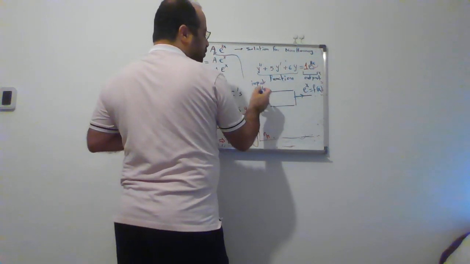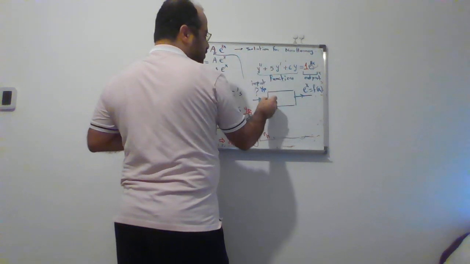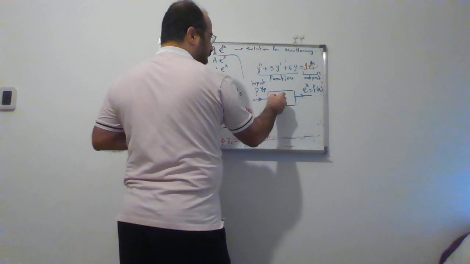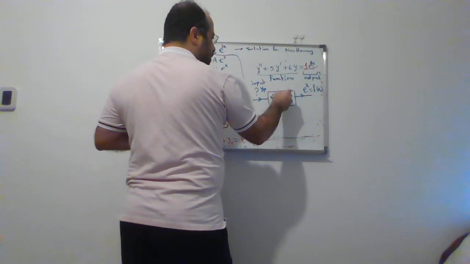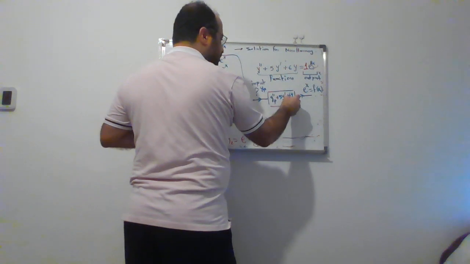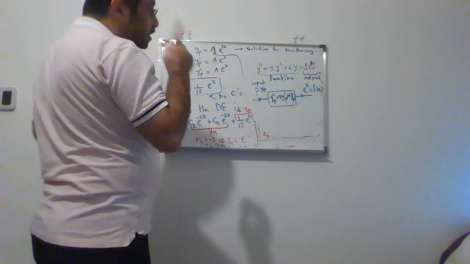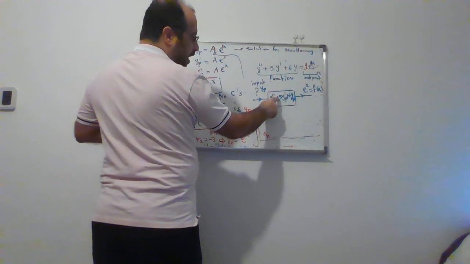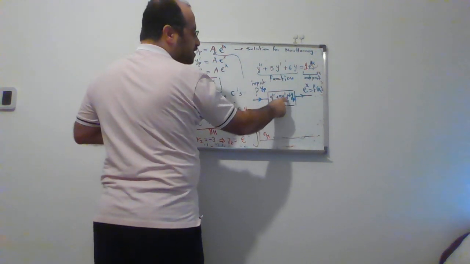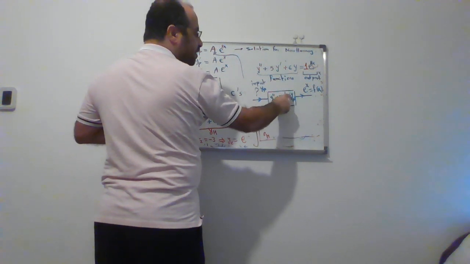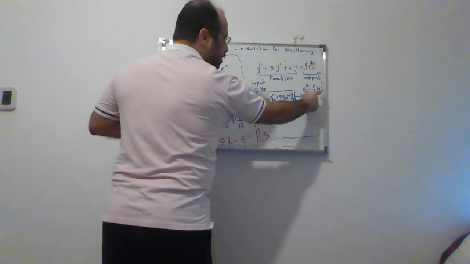What are you going to do with y particular? You're going to differentiate twice, yeah? And then you add 5 y particular prime plus 6 y particular. This is what you're going to do. So which function? You're going to differentiate it twice, add 5 times the first derivative of that function, and add 6 times the function itself, and get an exponential.